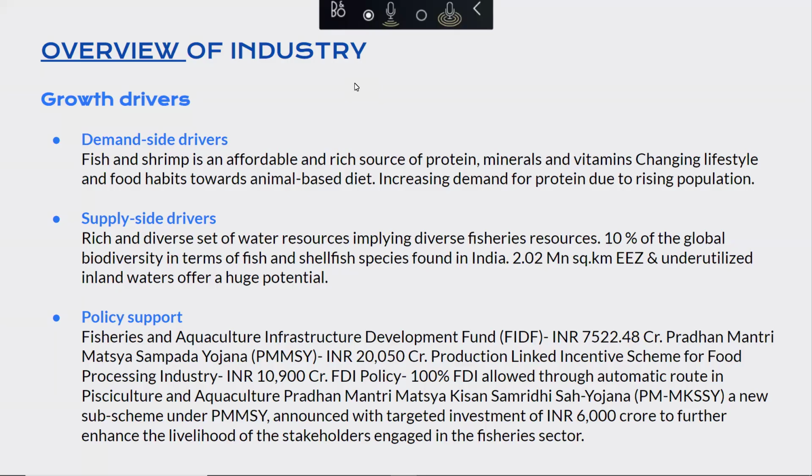It has been started with a budget of roughly 7,500 crores. And recently they have also started the Matsya Kisan Samriddhi Sah-Yojana. This is targeted to bring an investment of 6,000 crores to the Indian aquaculture farmers.